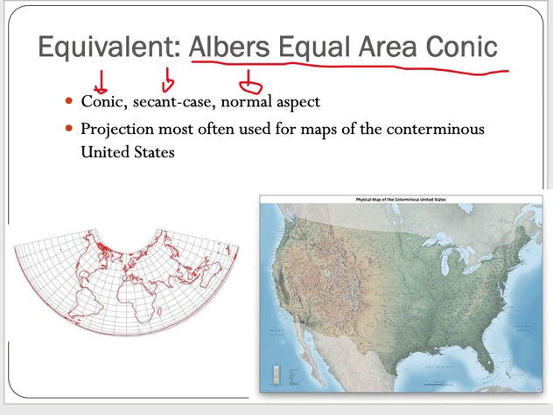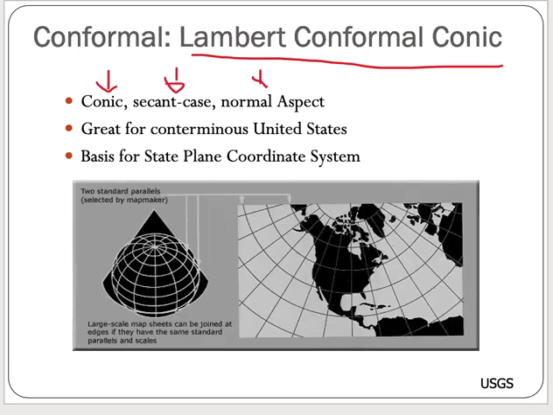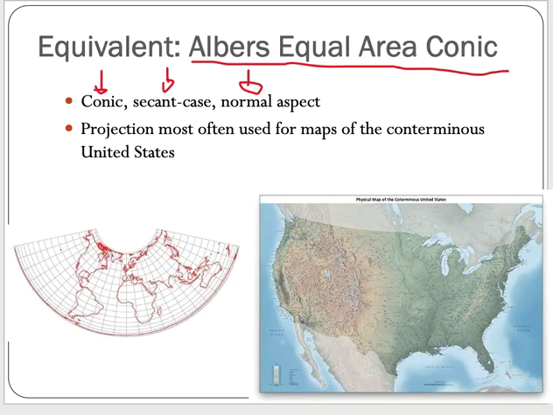But you got to remember that the conformal preserves the shape but distorts the size. And for equivalent, especially the Albers equal area conic, it preserves the size, area, but it distorts the shape. So again, in a map where you want to measure the area, you can use the Albers equal area conic.